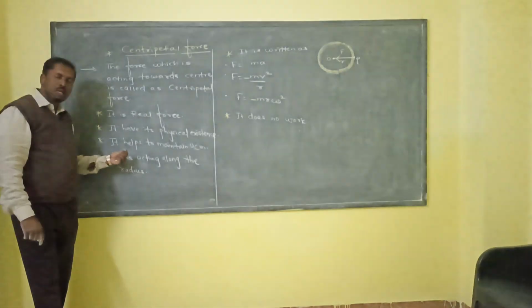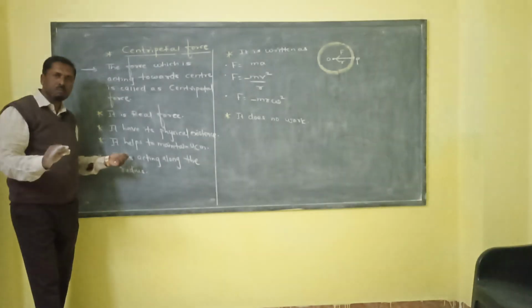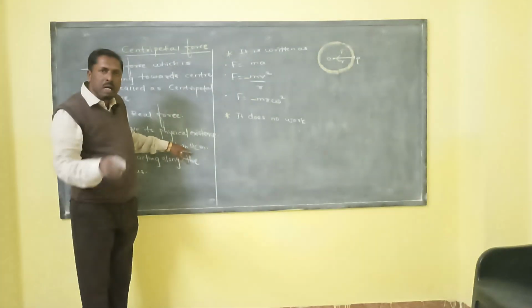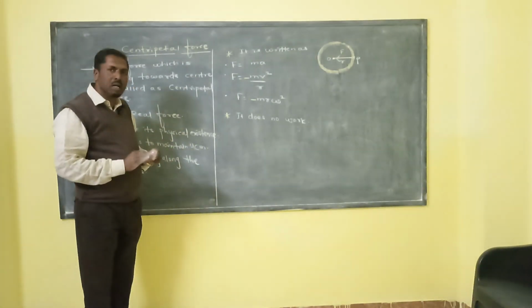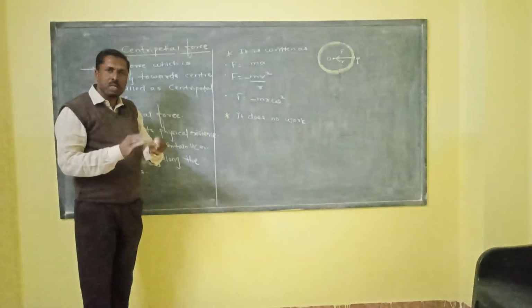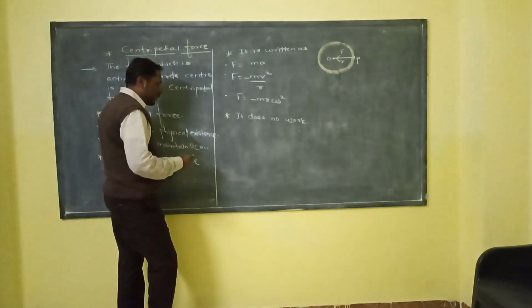What is the characteristic property of centripetal force? The centripetal force helps to maintain uniform circular motion, and whenever the particle is performing uniform circular motion, we can't do work on it. It means that work done is always equal to 0.